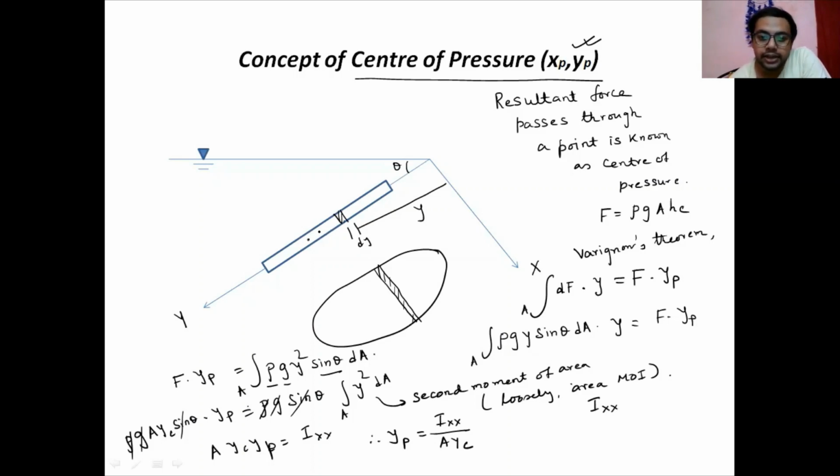We initially got the centroid C here, somewhere else.